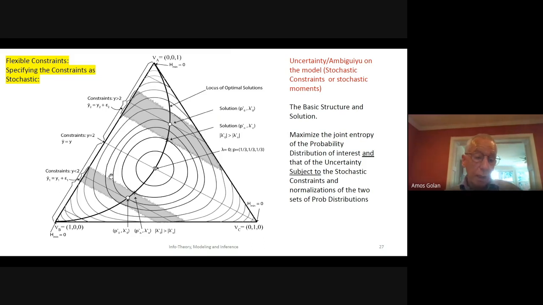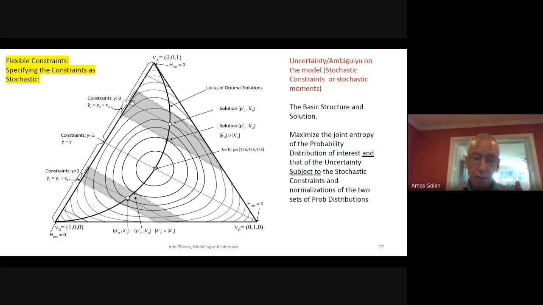And this is another example with a bit smaller uncertainty about another constraint. What this picture shows us is that if the constraints are flexible, we will be less certain about them. So the solution will move toward the center, because remember, as you move here, the level of uncertainty increases.